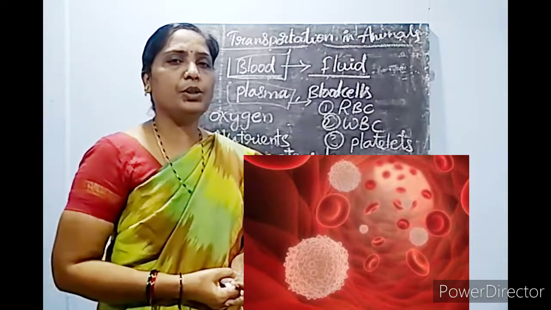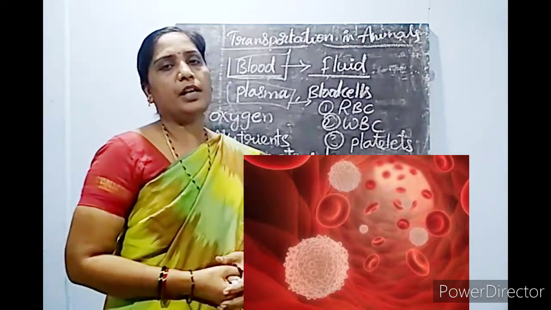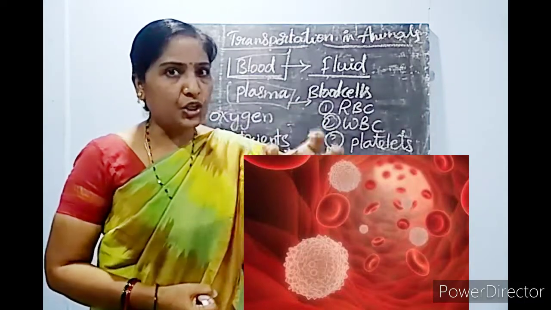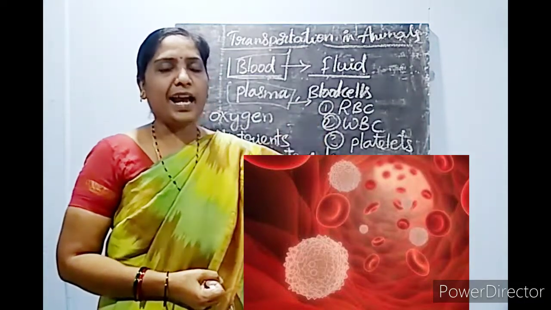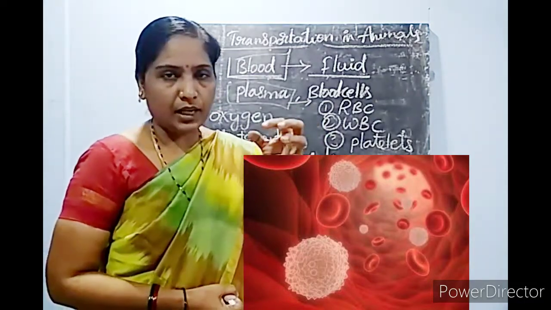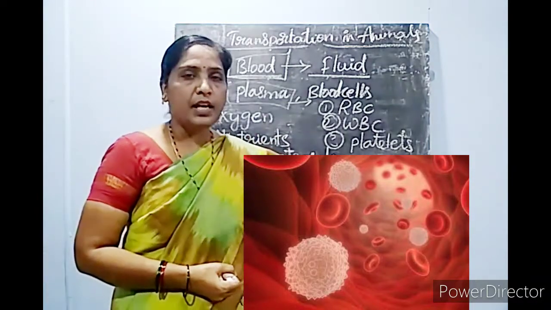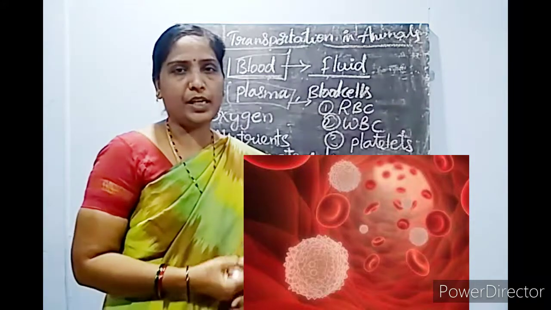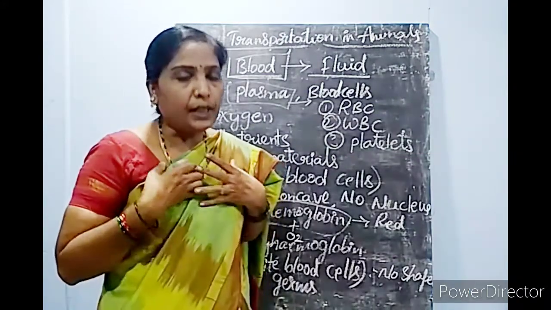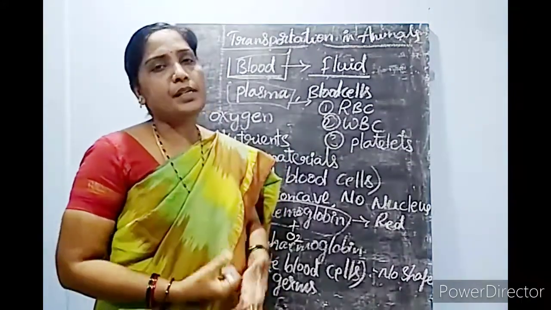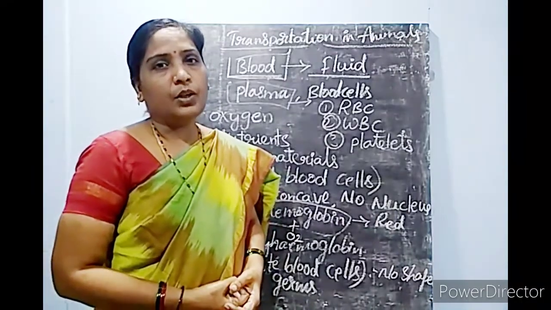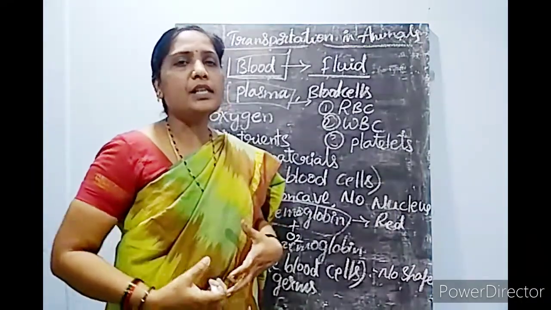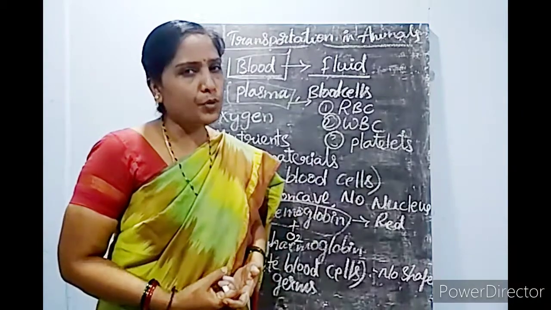When they enter into the body, immediately the white blood cells will rush to that area. They'll catch that foreign particle or germs and make the germs weak and send them out from the body. So they are protecting our body from diseases and helping us to improve our immunity.